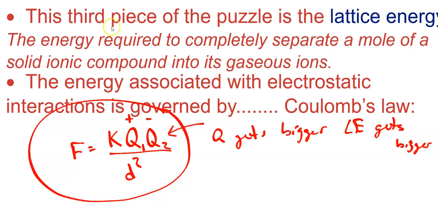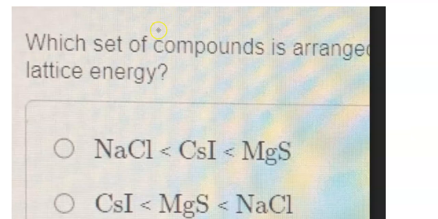If Q gets larger, either one of them, then the lattice energy, which is basically this force, gets larger. Or if the distance gets smaller, this also makes it larger. We can apply that pretty simply to the question she sent, which I don't have here, but I'll look for it. I did something dumb here and I cut off this part.